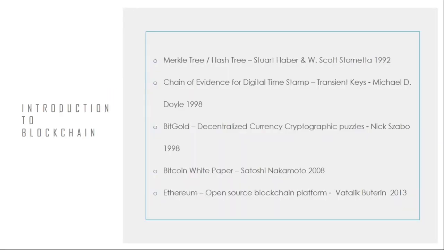I wanted to talk about a couple things that have happened over the last several decades that led up to the notion and the implementation of blockchain. We'll talk about several of these concepts in the following slides, but they're very important to know how they originated and how they led up to this.